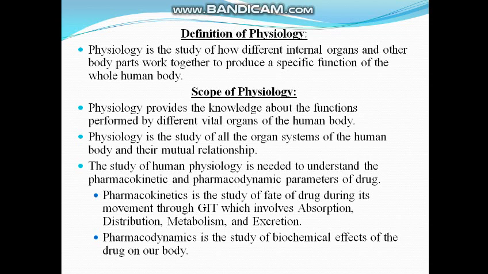Students, we know that inside our body there are 11 organ systems. Our 11 organ systems work together to produce a specific function of our body. The interaction between these 11 organ systems and other body parts which help the body to perform a specific type of function is called human physiology. You have to learn this definition by heart.